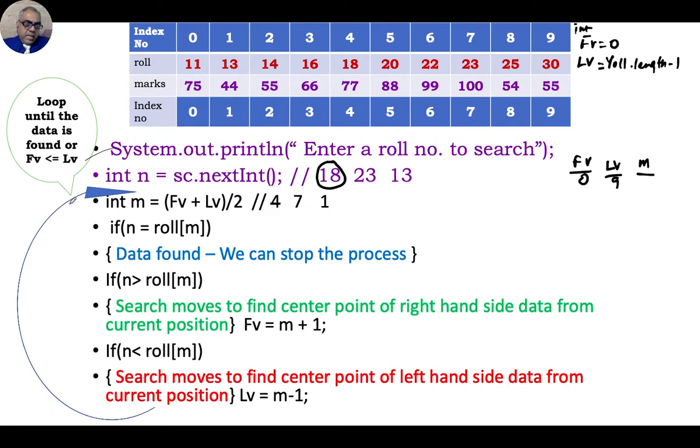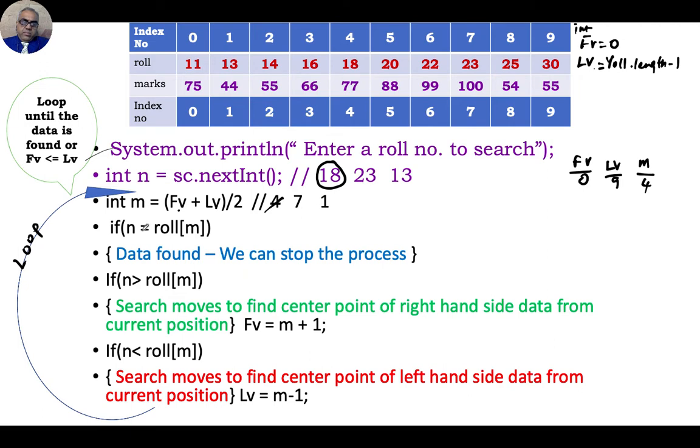Now this entire line that you can see, the arrow, actually indicates a loop. We'll see what is to be written in the loop. The first time, 0 plus 9, because FV and LV are 0 and 9, divided by 2 is 4, so my M is 4.